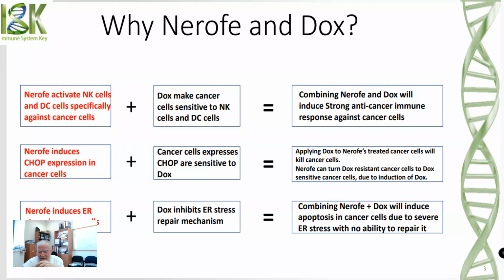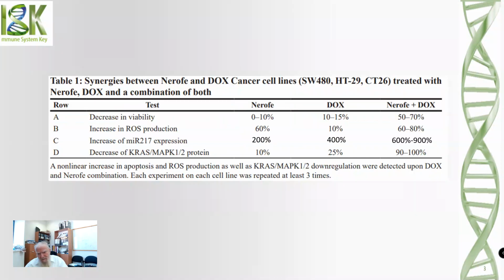It's well published, it's well known, that doxorubicin in low doses serves as an inhibitor for an enzyme that is responsible for splicing of one of the transcription factors that activate the repair mechanism of the ER stress. So these are at least 3 different reasons why we combine Nerofe with low dose doxorubicin.